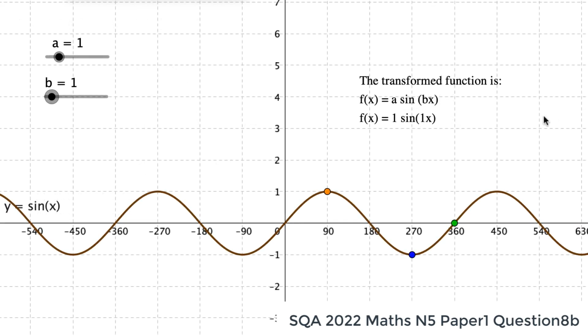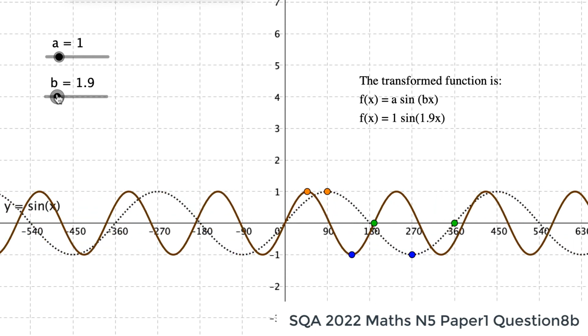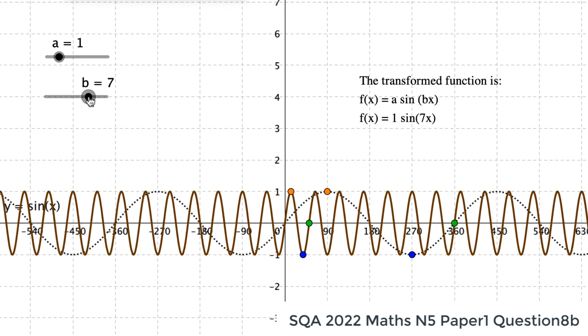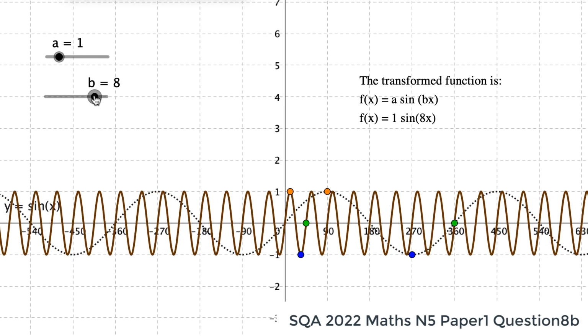So we want to increase the value of B to 8 and see how many cycles that produces. There we go. There's 360 degrees. Basically, we're wanting to know if this is 45 degrees.